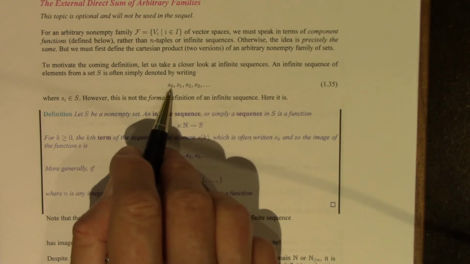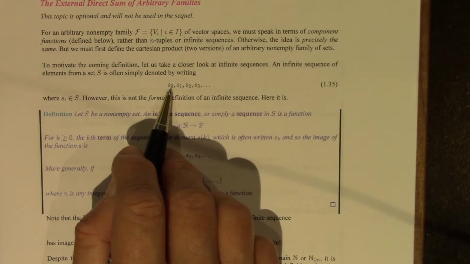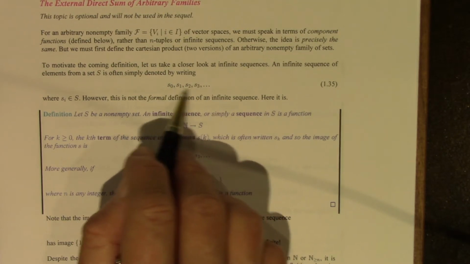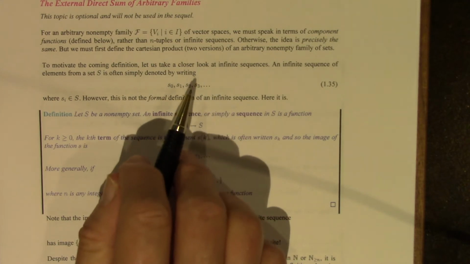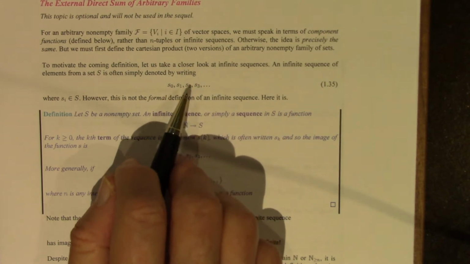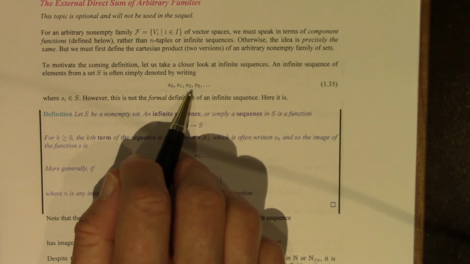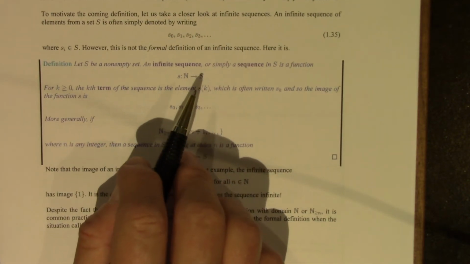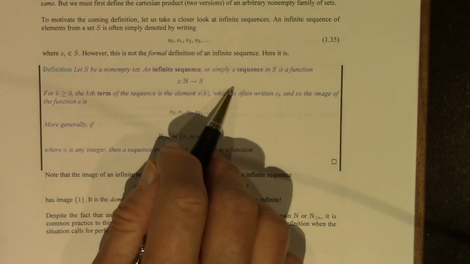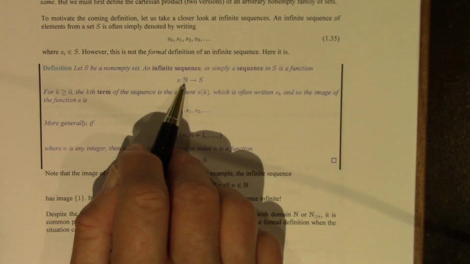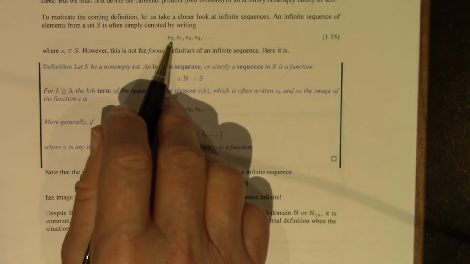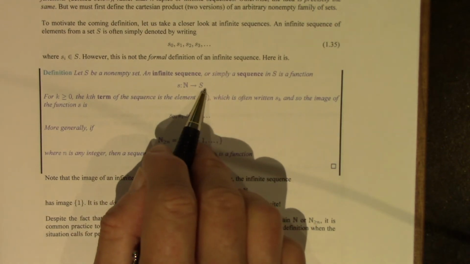They might start the indexing at 1, or some other natural or some other integer, but I'll start at 0. This is not really the formal definition of an infinite sequence. An infinite sequence is a function from the natural numbers, because I'm indexing starting at 0, to the set S, the underlying set.